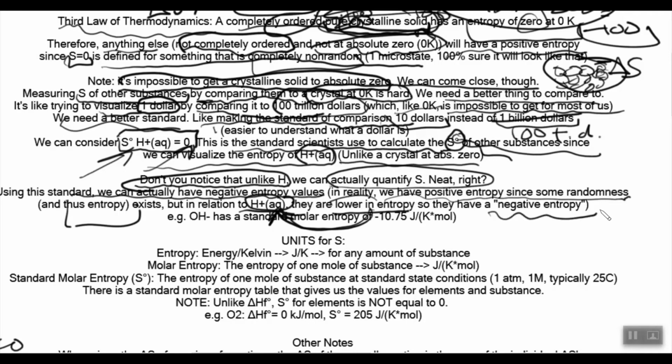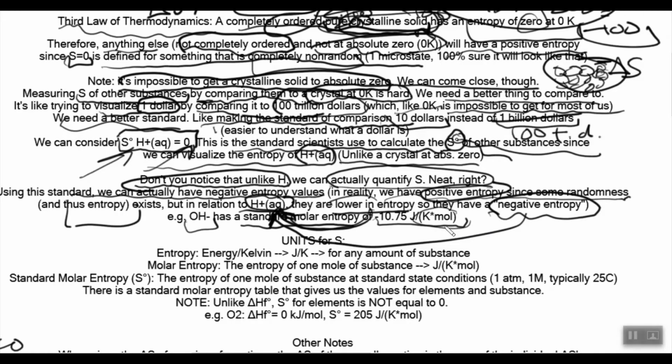So they have a quote-unquote negative entropy. It has a positive entropy, but when compared to H+, which we usually always do, it will actually have a negative entropy. For example, the hydroxide ion, I'm assuming dissolved in water, has a standard molar entropy of negative 10.75 joules per Kelvin per mole.